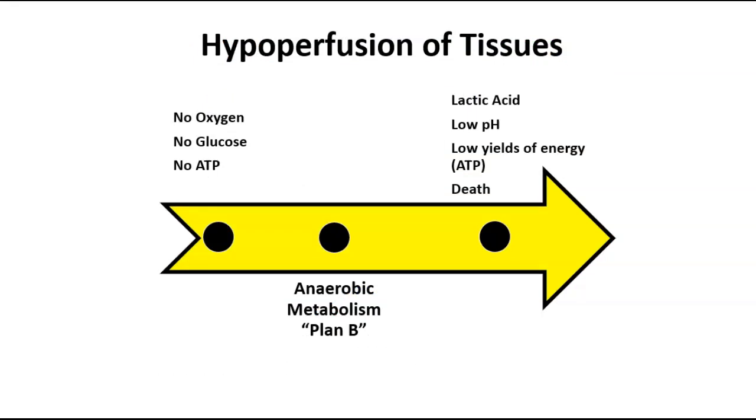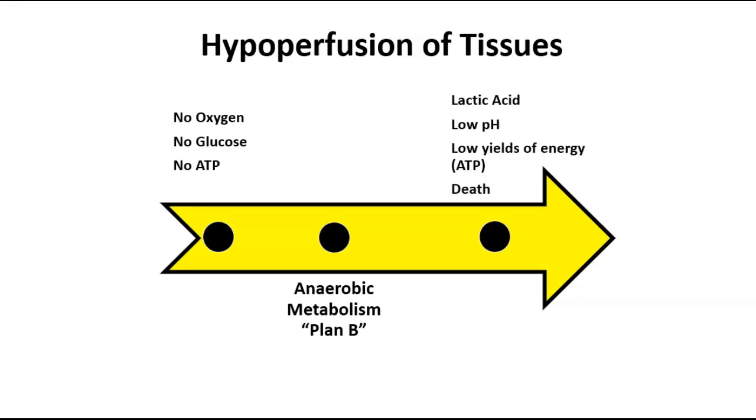All right, so we're going to move on to this little slide here. Basically, it shows us the role of glucose and oxygen in energy production. So when we have hypoperfusion, I want you to understand it doesn't mean that there's none, but what it means is there's not enough for what the body needs.